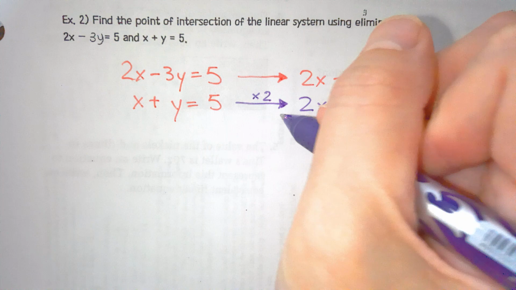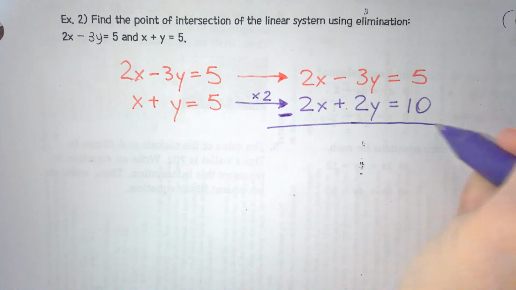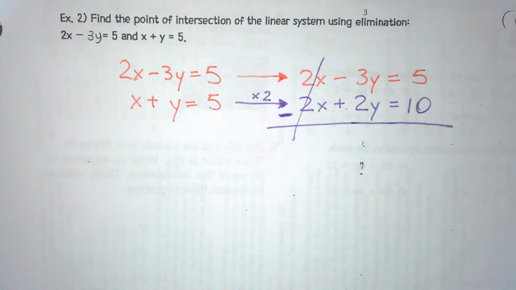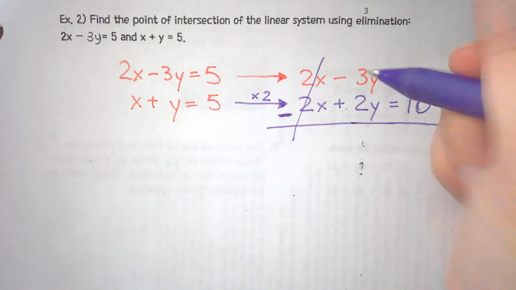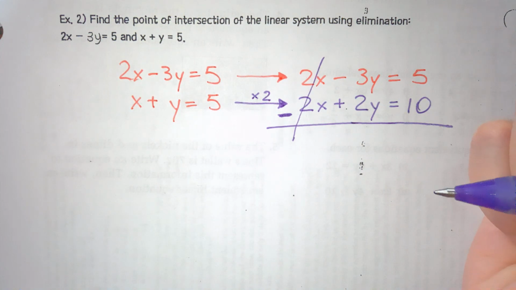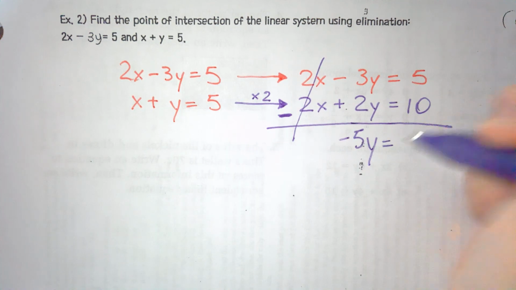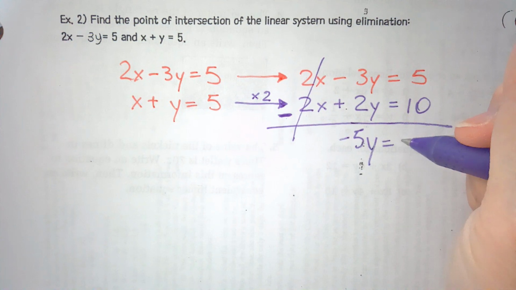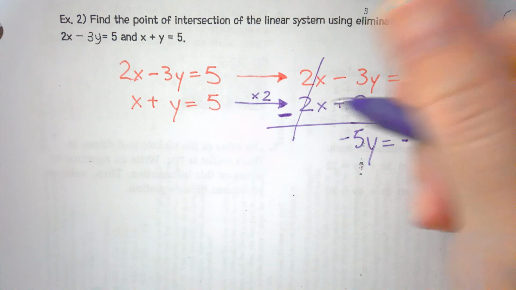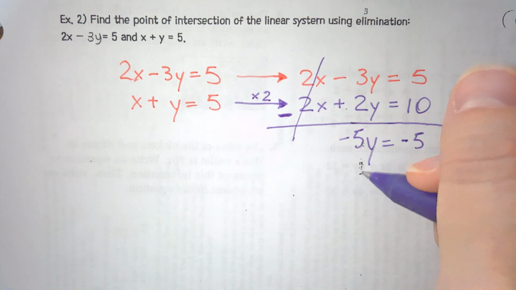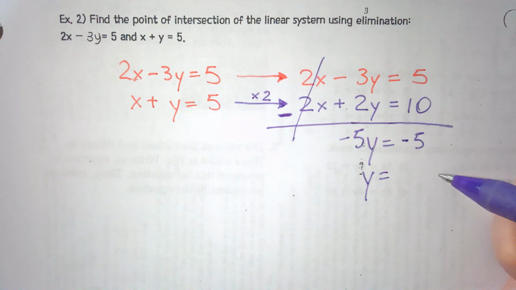Subtract them. Right. So 2x minus 2x, that's gone. What's negative 3y minus 2y? Negative 5y. 5 minus 10? All right. And so y equals 1.